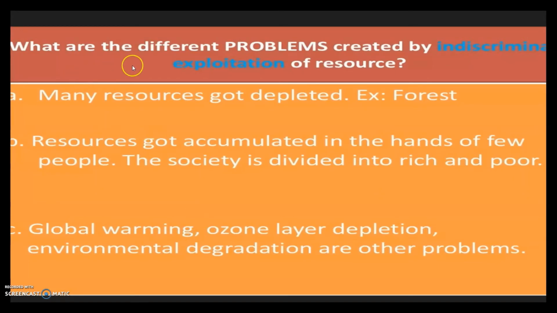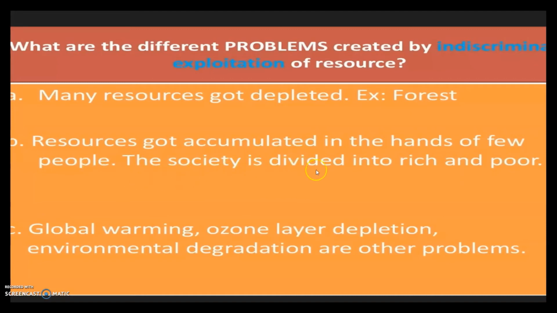Then what are the different types of problems created by the indiscriminate exploitation of resources? First one, many resources got depleted. For example, forest. Because of the overuse, many resources got depleted. Then resources got accumulated in the hands of few people.